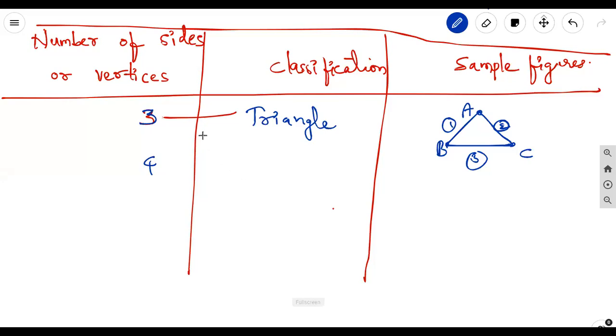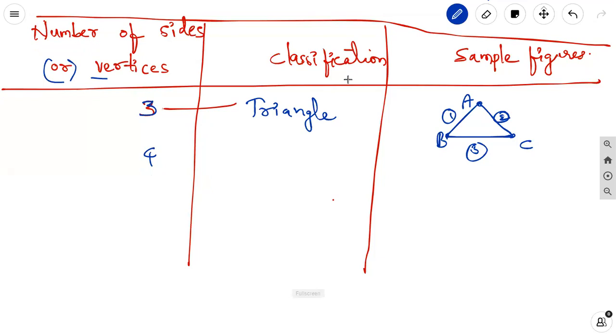Here we are discussing some sample figures of polygons. In this, first we take one column for the number of sides or vertices. The second is the classification, what we call those polygons, and sample figures, how we can draw the polygons. If there are three vertices or three sides, it's a triangle.